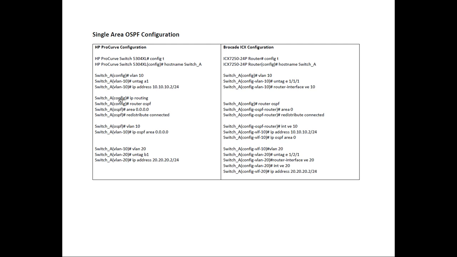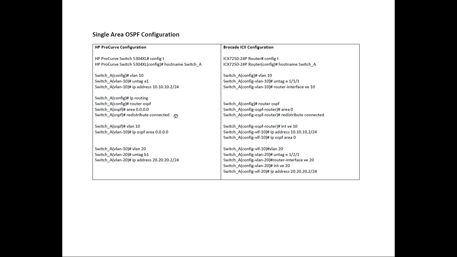The next thing they do on the HP side is turn on IP routing. We don't need to turn on IP routing. As soon as you do a router OSPF, the device assumes you want to route, so there's really no need to turn on IP routing. That's just something you leave out. Then router OSPF to turn it on, area 0.0.0.0, and then redistribute connected.